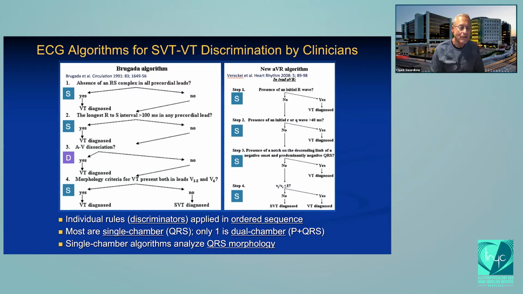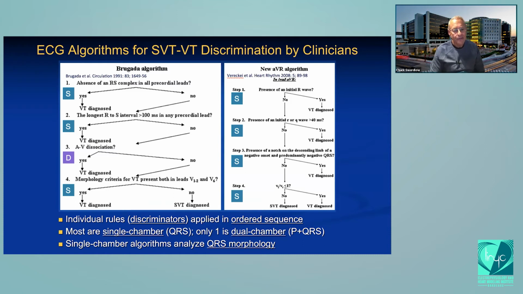Secondly, most of these are what in device world we call single chamber rules. They only look at the QRS, and only one is a dual chamber rule. That is, are the atrium and ventricle dissociated, or the P waves dissociated on the surface ECG.